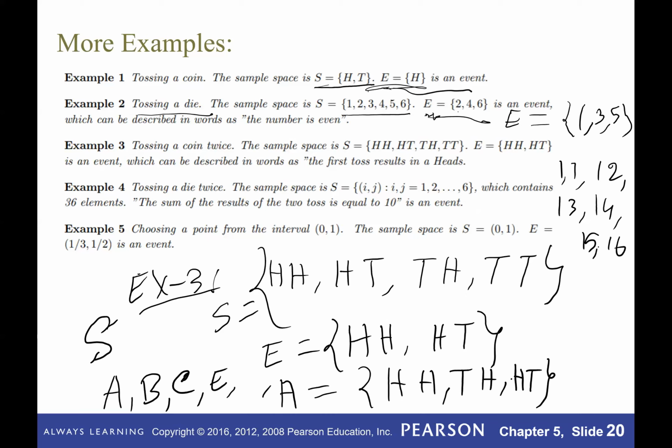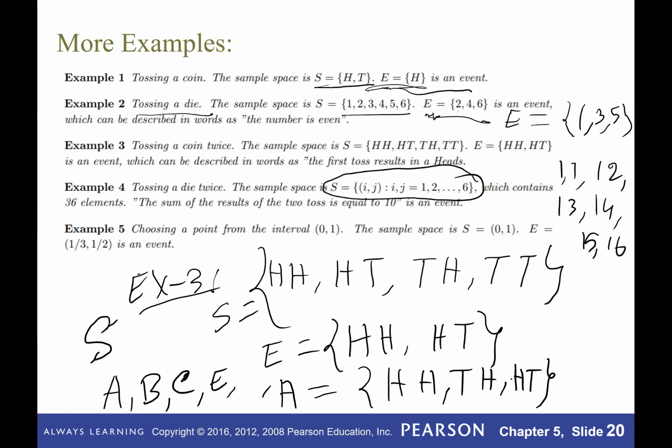That means for each outcome of the first roll, you will have 6 possibilities. That means you will have a total of 36 elements in the sample space.